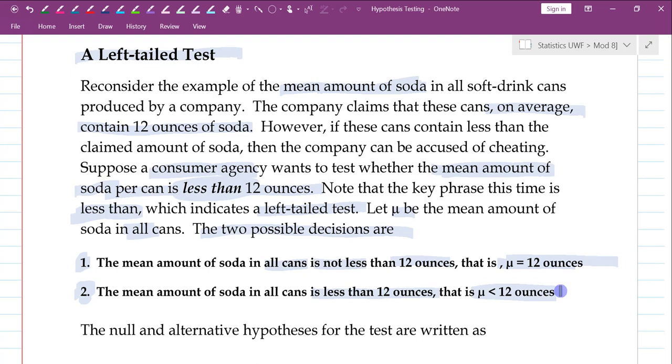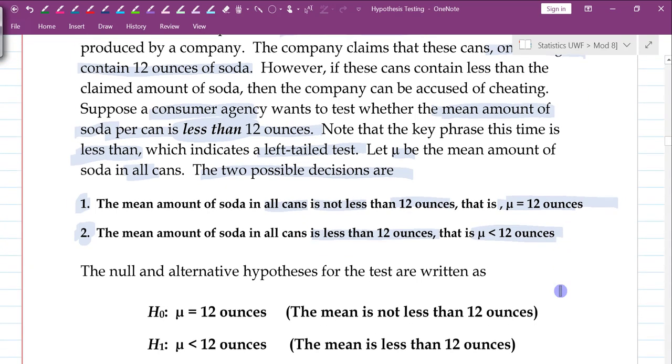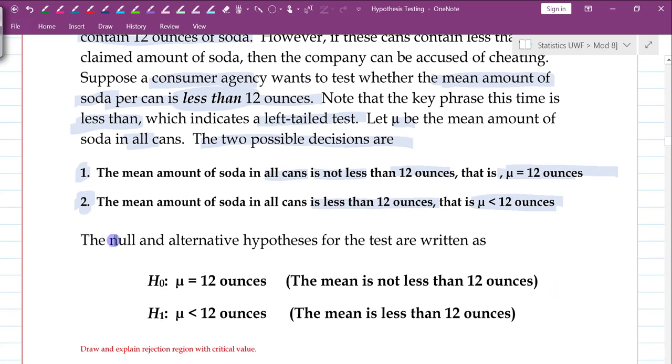So we're going to write that as the null and alternative hypotheses for the test. H naught, the null hypothesis, mu equals 12 ounces, okay? H1, mu is less than 12 ounces. Those are our two possibilities.